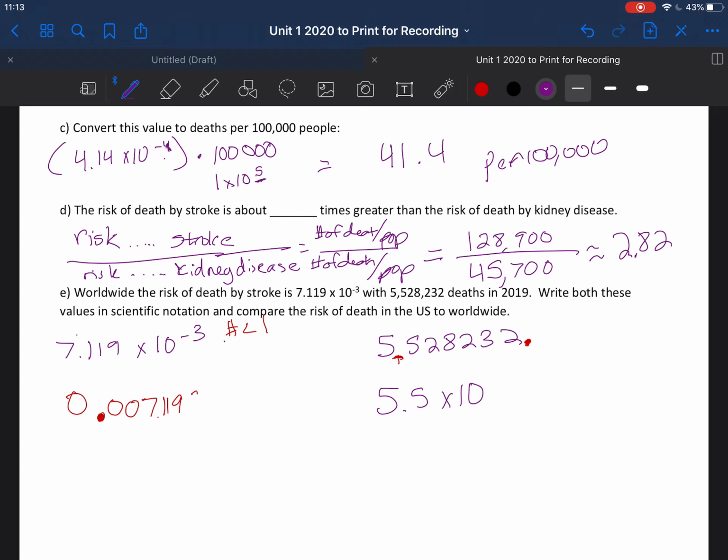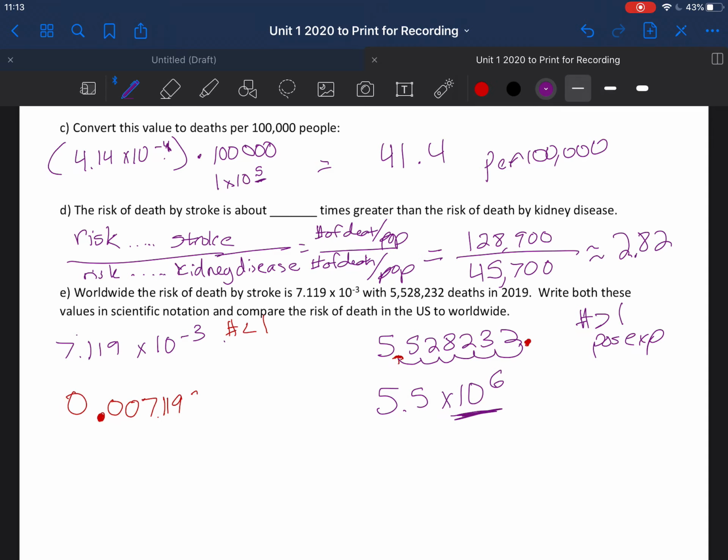Times 10 to the, this number is larger than 1, so I'm going to use a positive exponent to represent the fact that this has moved 1, 2, 3, 4, 5, 6 places. Some people also interpret this exactly as million. So this is 5.5 million, which is what we saw from our problem.